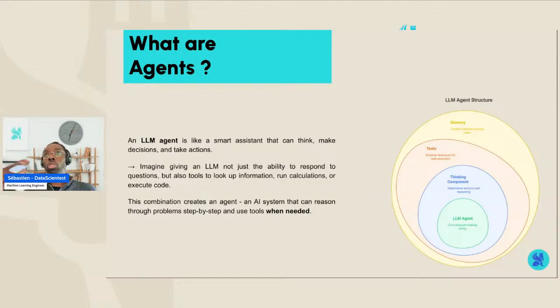So this is why not all models can be used for agentic architecture. For example, if you go over to the Ollama platform, you will see models with the tool tag. These are models that you can use for agentic architecture.